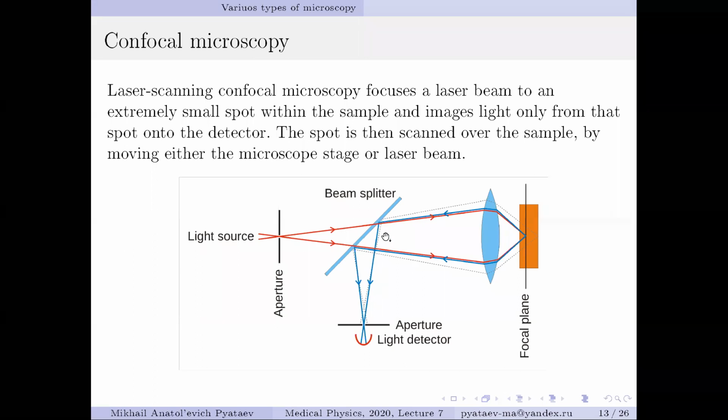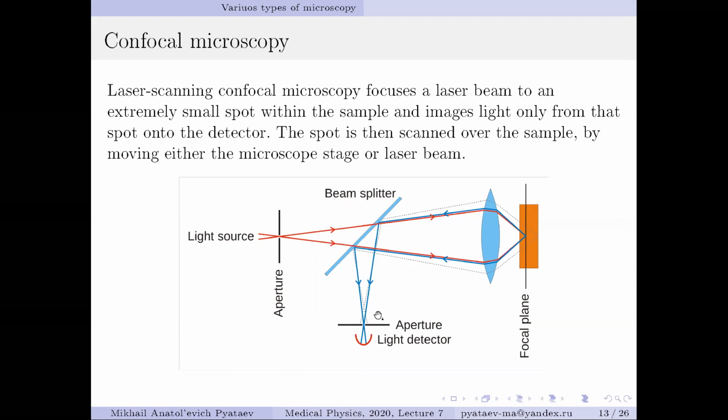And this device uses a scanning technique, because the signal is obtained from one point only at a time. That means we don't have an image, we just have one point, and we can measure its intensity. If we move the specimen in this scheme, we will get signals from different points, and then by analyzing this signal with a computer, we can get an image of the object.